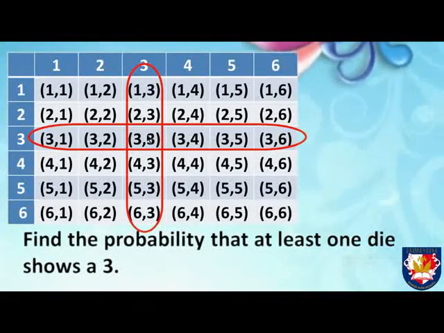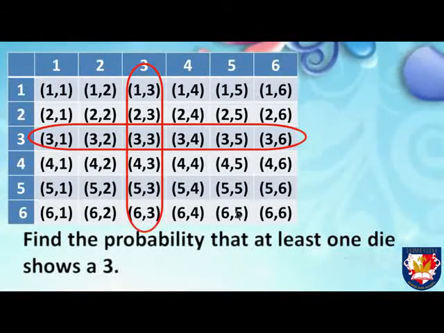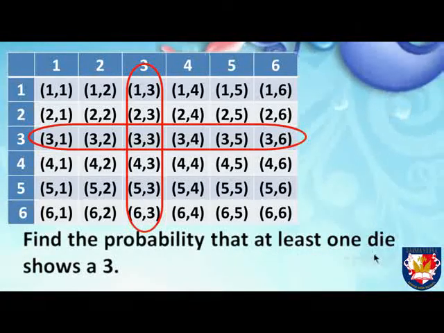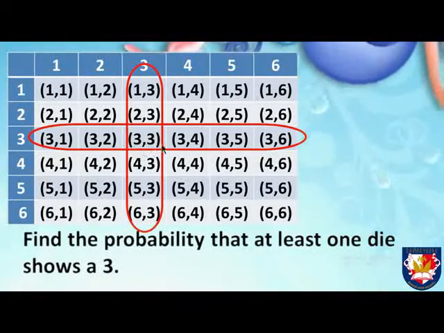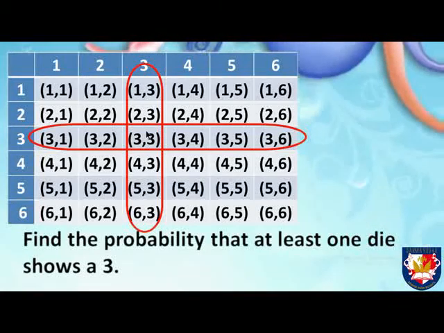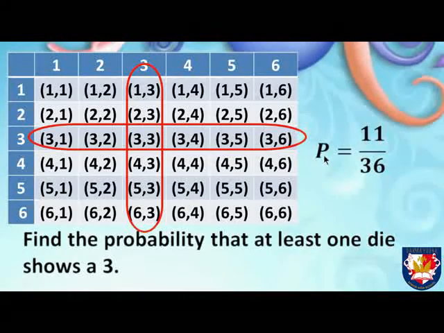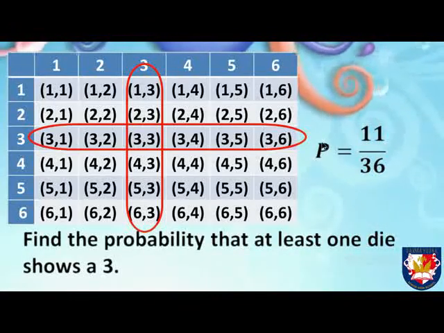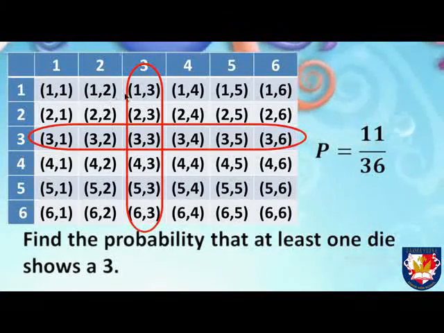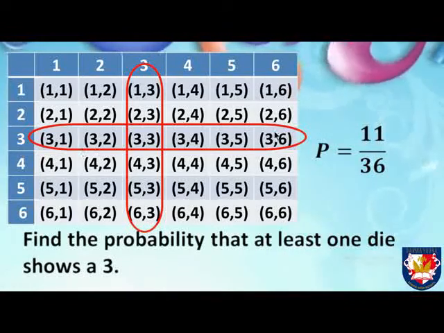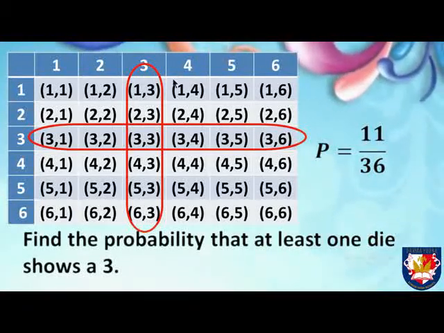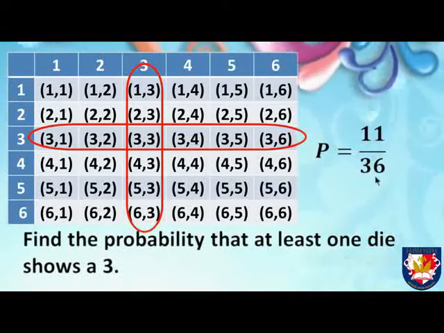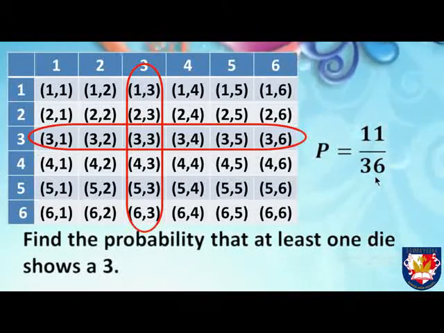It's okay, that's fine, because the event is at least one die. It's fine because it's at least. So the probability is the number of favorable outcomes per total outcomes, 11 per 36, because there are 11 outcomes here and 36 outcomes. So 11 per 36.